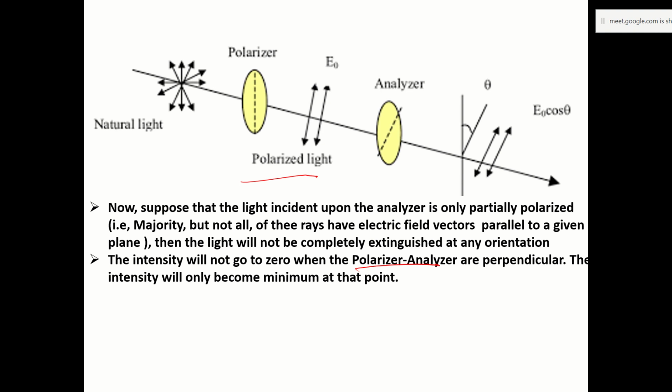So in that case, when you make the angle 90 degrees, the intensity will not go to zero, but it will be minimum.